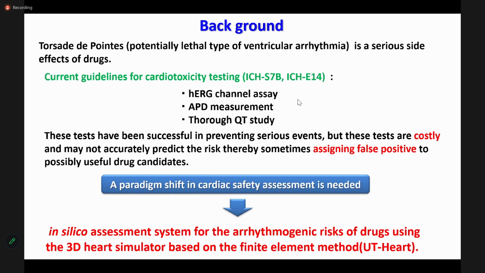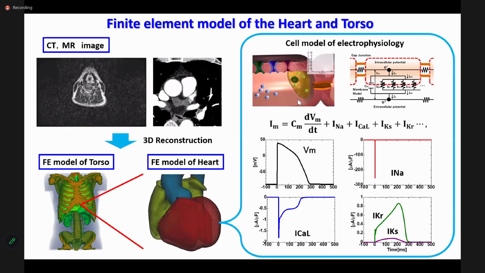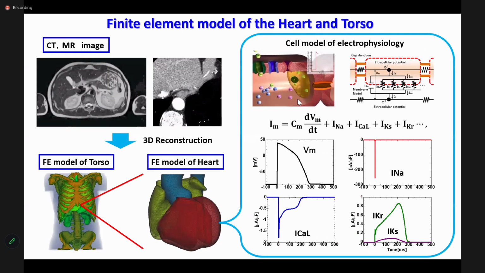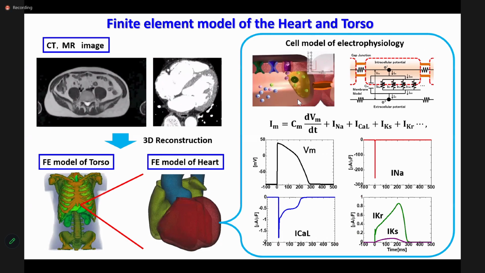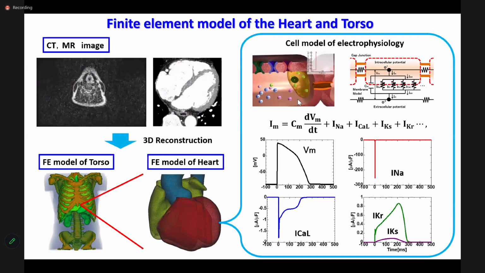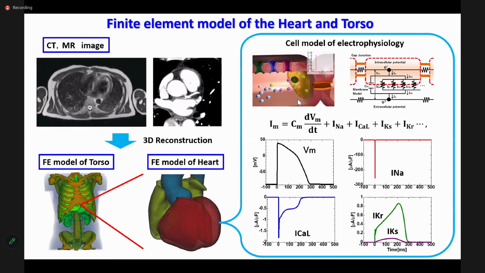We have developed an in silico assessment system for the arrhythmogenic risk of drugs using the three-dimensional heart simulator based on the finite element method. This slide demonstrates our finite element model of heart and torso briefly. The finite element model of torso and heart was developed based on the 3D reconstruction of CT images.